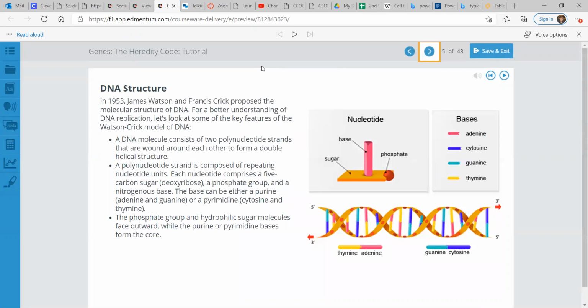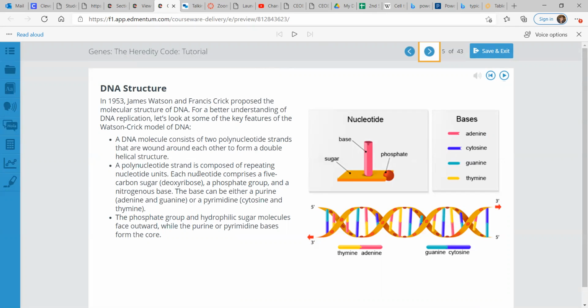For a better understanding of DNA replication, let's look at some of the key features of the Watson-Crick model. A DNA molecule consists of two polynucleotide strands that are wound around each other to form a double helix.